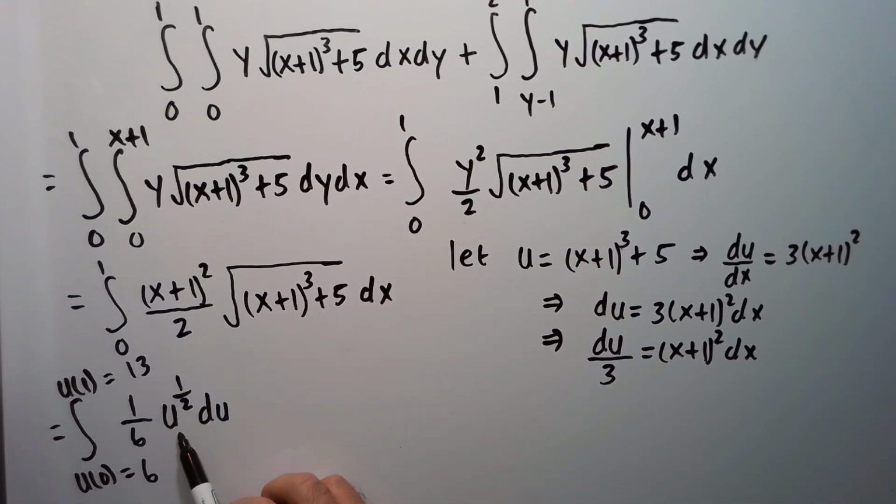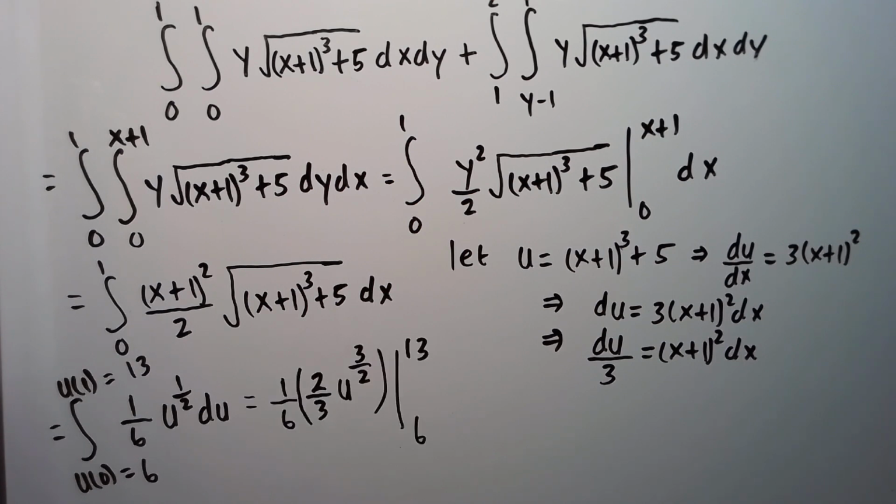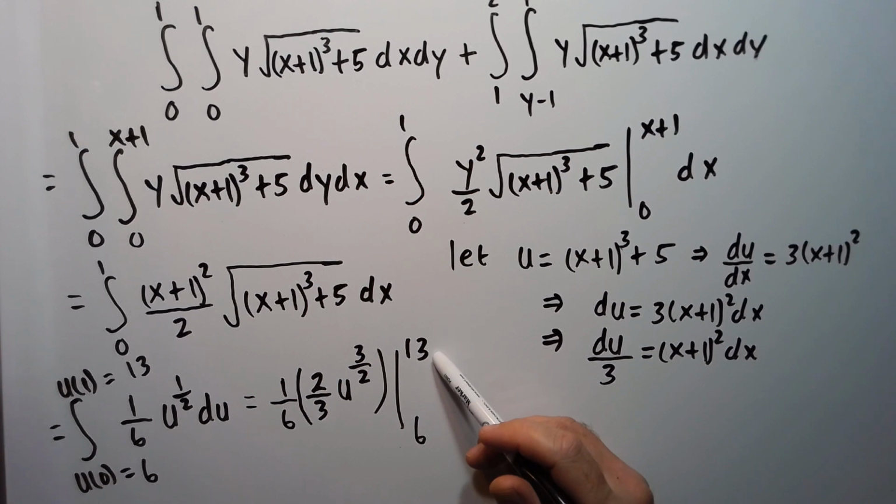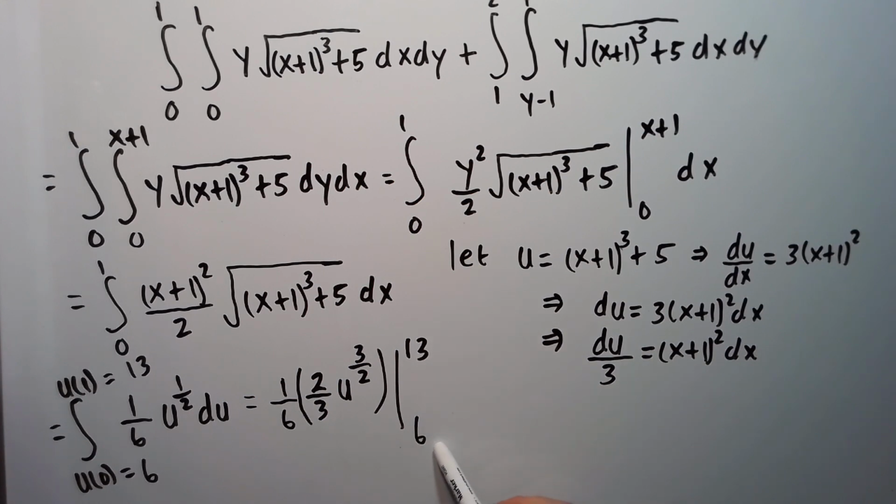Then let's integrate the u to the 1/2, adding 1 to the power and dividing by the new power. So integrating u to the 1/2 becomes 2/3 u to the 3/2, evaluated at 13, subtract evaluated at 6.